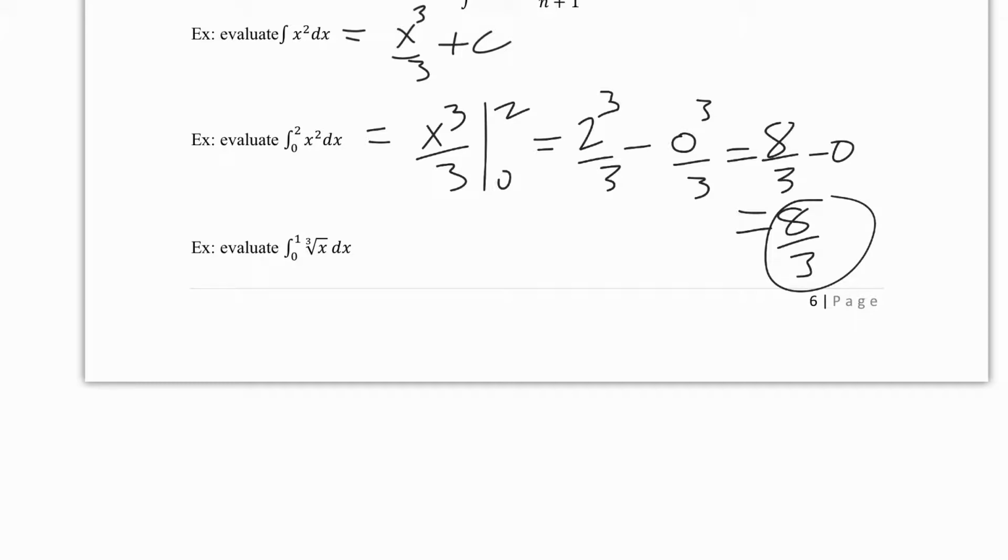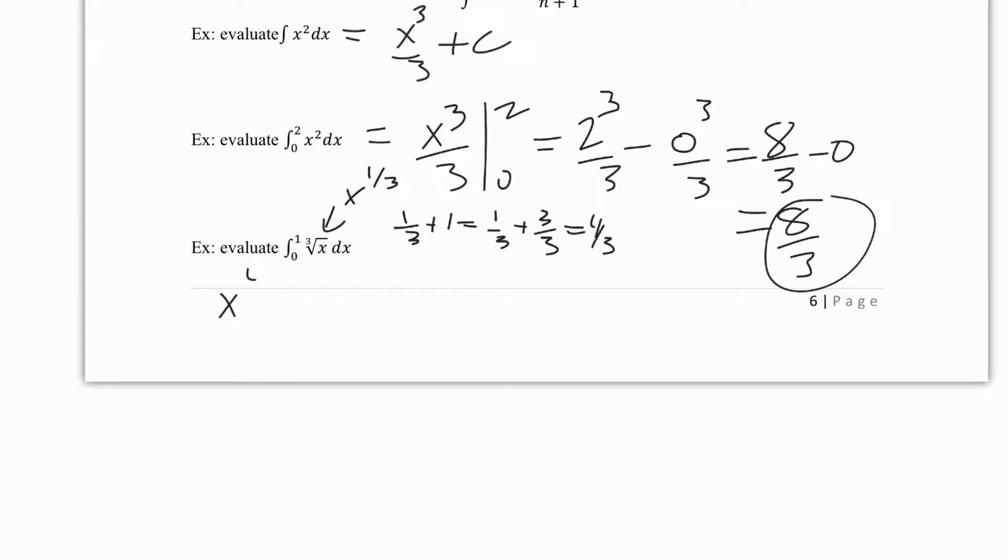We're going to do the integral from 0 to 1 of the cube root of x. Well, we definitely have to write this as x to the 1/3 if we're going to do the antiderivative properly. So we'll get x to the, what's 1/3 plus 1? That'll be 1/3 plus 3/3, so 4/3.